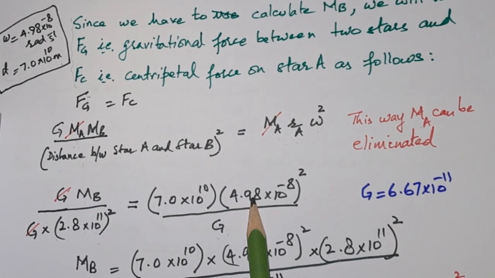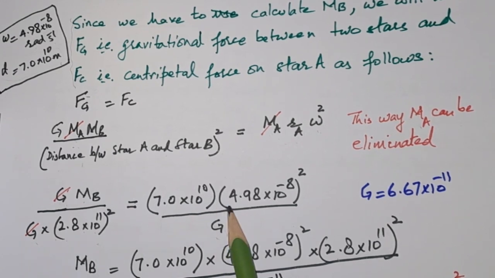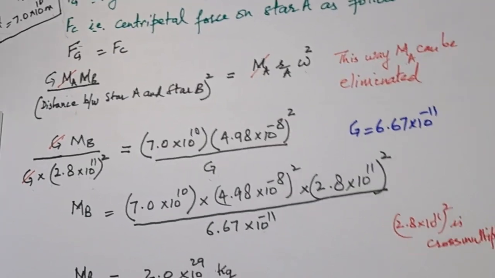If we want to eliminate G, then we divide this side by G and this side by G, and G is cancelled here, and we are left with G over here. Now all that is left is to put in the values.